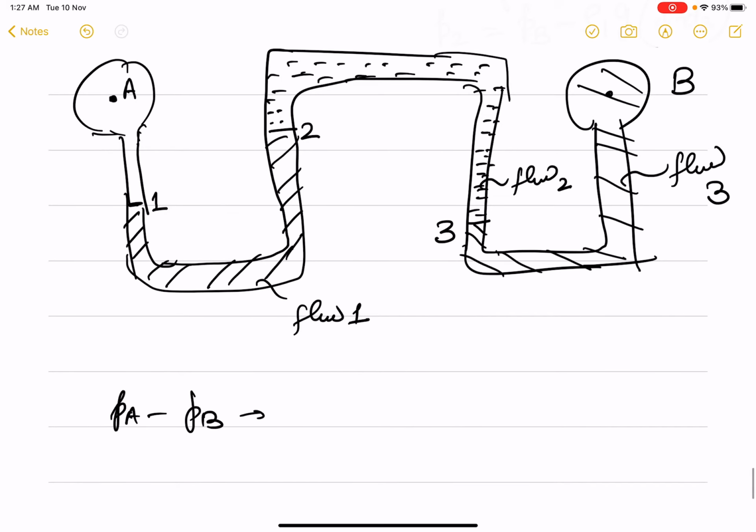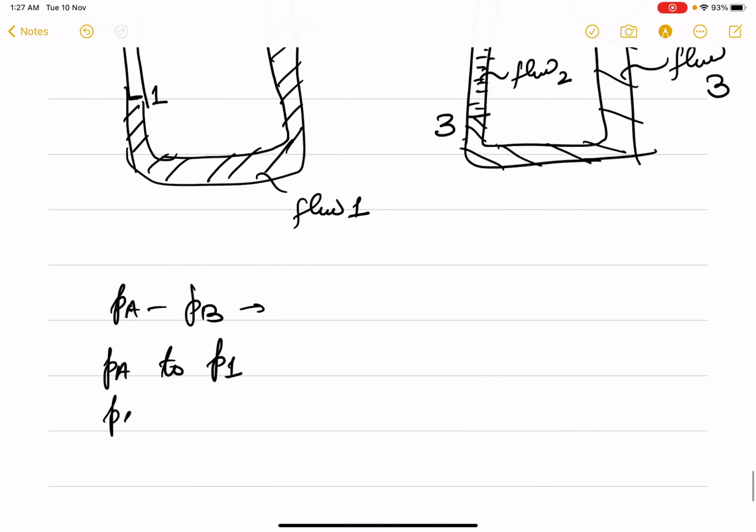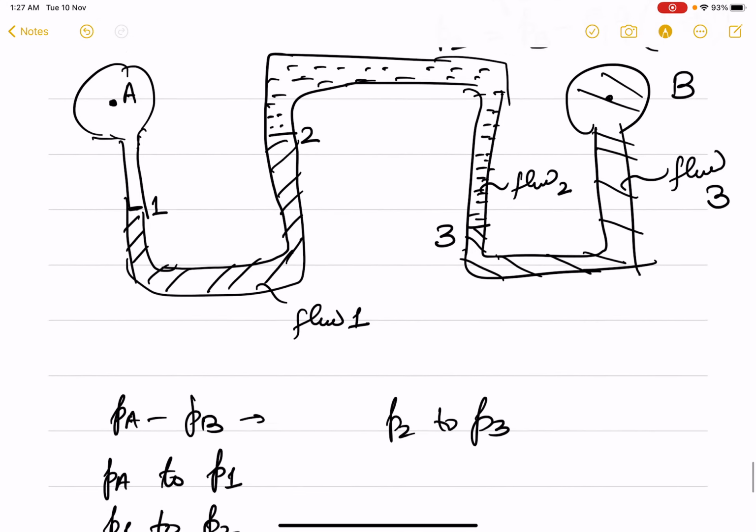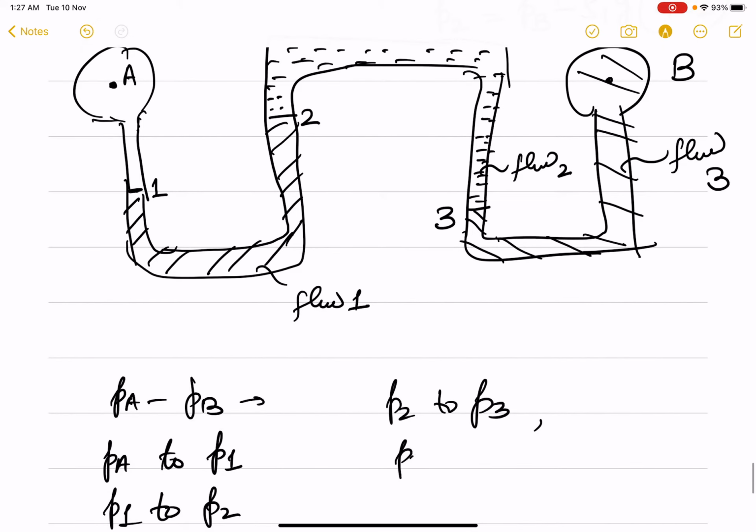So now we can move. What we'll have to do is, first we go from PA to P1, then from P1 to P2, then from P2 to P3, and from P3 to PB.